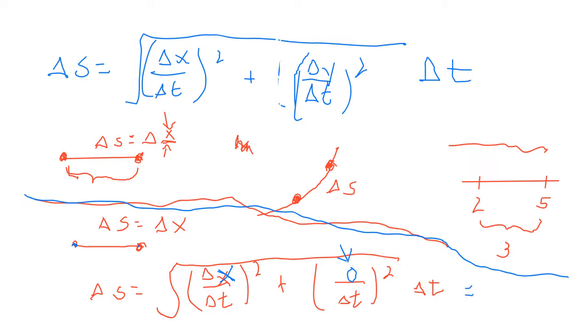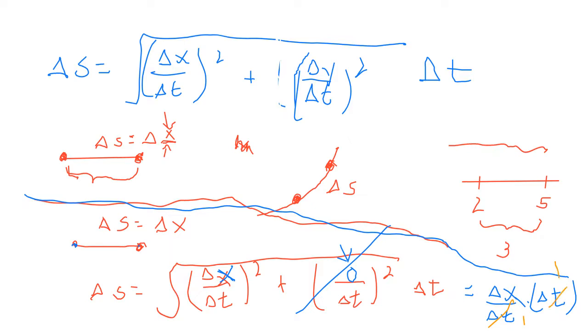Look at what happens. This goes out, and you're left with the square root of delta X over delta T squared. That's going to get you delta X over delta T times delta T, right? And what happens to the delta T's?